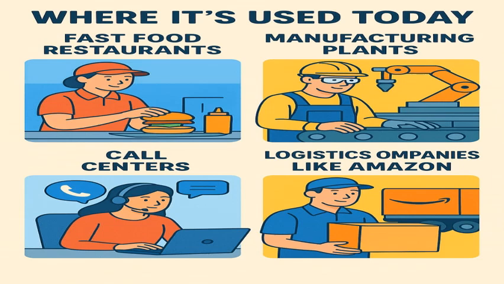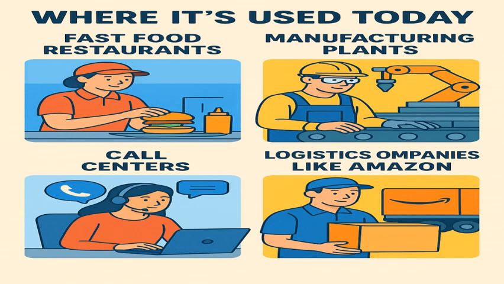And in logistics companies like Amazon, the manager has to see how much time it will take to pick the parcel from the warehouse and deliver this parcel to the customer.